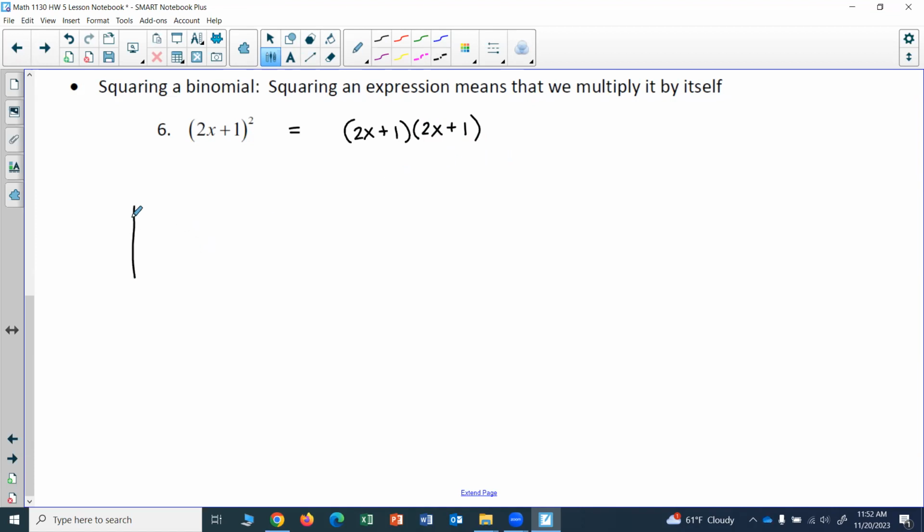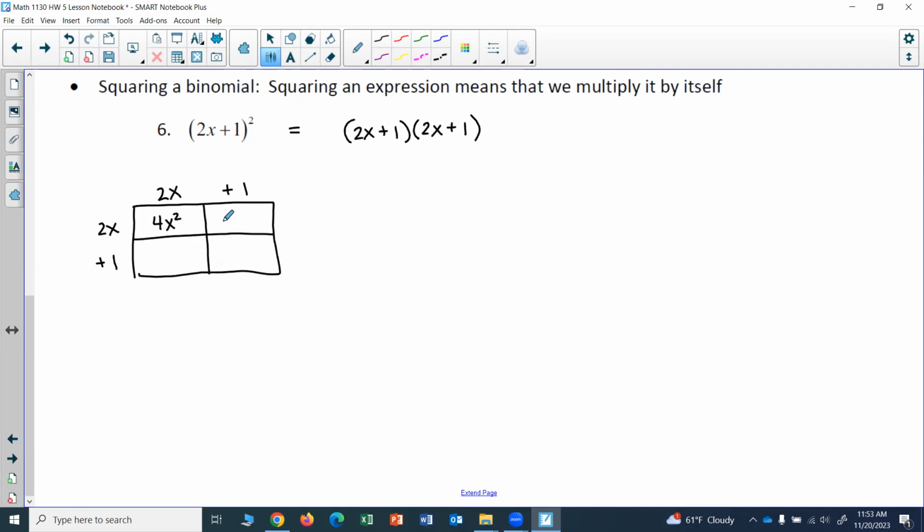So if I was using the box method, I would go ahead and make a 2x2 box. Along the top, I would have a 2x and a plus 1. On the left side, I'd have a 2x and a plus 1. In the upper left box, I have 2x times 2x, so 4x squared.